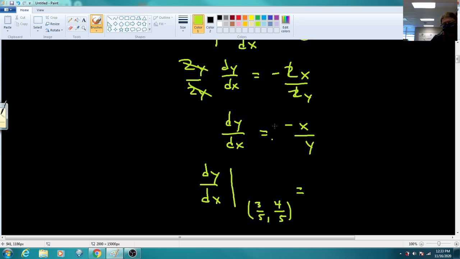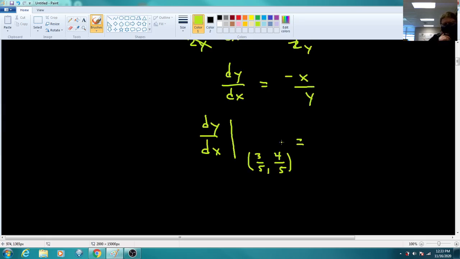This rule is a little weird because our derivative depends on both x and y, whereas everything we've done up to here depends only on x. That's a weird thing that ends up happening with implicit differentiation. So we take the x value of our point and plug it in for x, and the y value and plug it in for y. We do keep change flip, and we get negative 3/4.